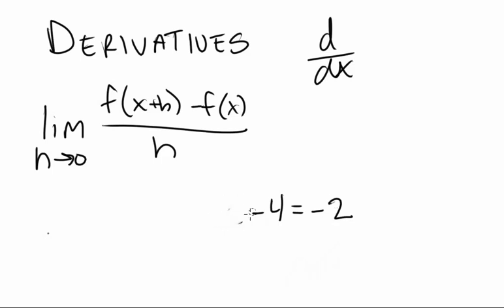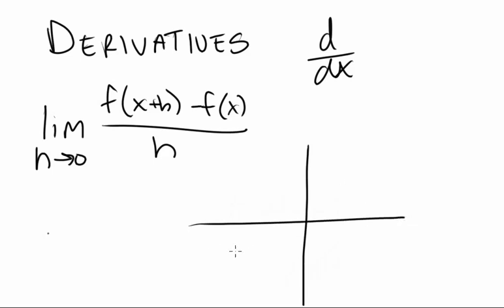Well, it's very similar with derivatives. So I remember when I was taking algebra, we're learning about graphing equations and graphing lines, and then calculating slopes between lines. So if I have a point here and a point here, and I want to calculate the slope between those two points, well, it's very simple. You do change in y over change in x.